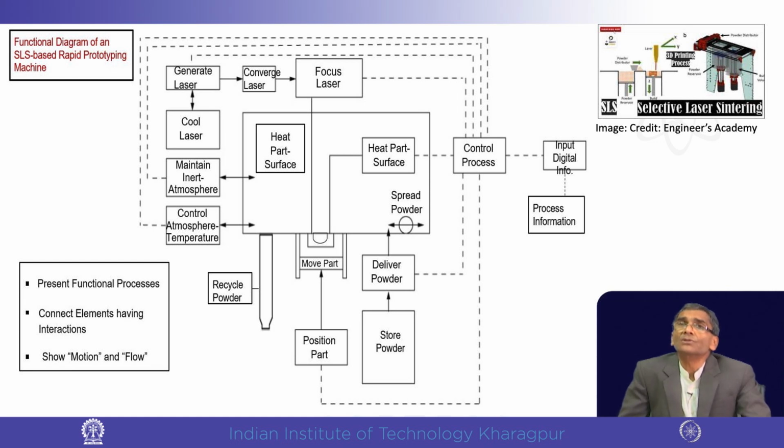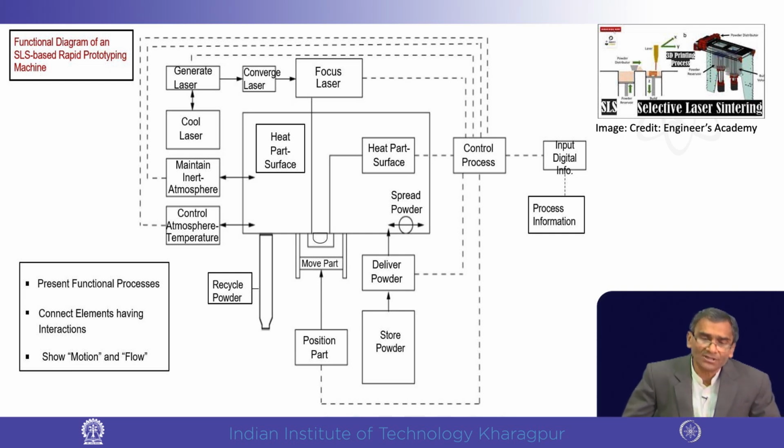The laser is generated through a certain lasing methodology, maybe a CO2 laser, and then the laser is converged, and that converged ray is focused onto the job, which here means the powder accumulated on the top surface, and which is selectively being sintered to solidify it.